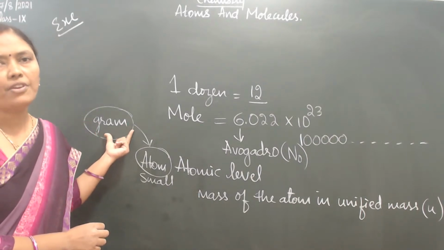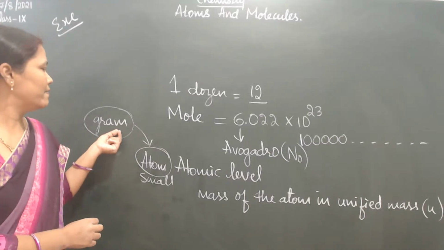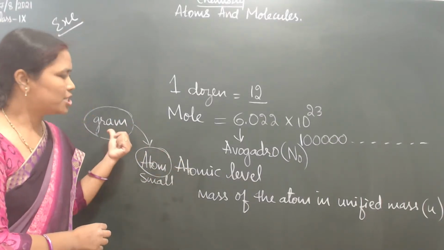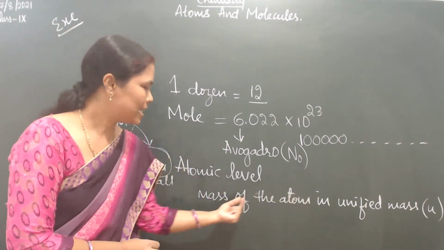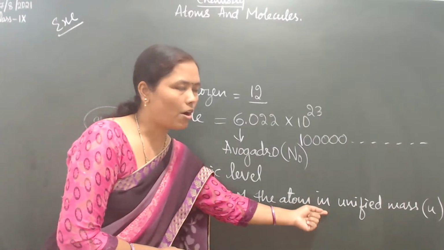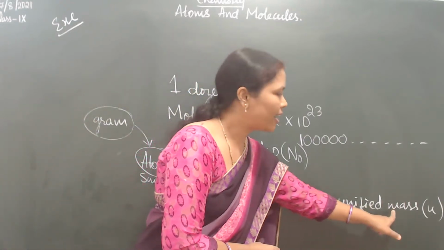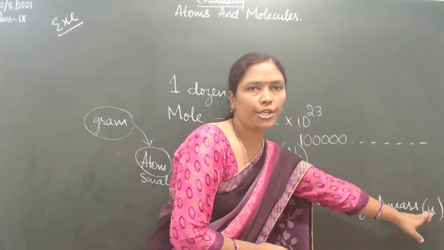The gram is a big unit which is not suitable for the atom, so instead we measure the mass of the atom in the unified mass, whose symbol is u.